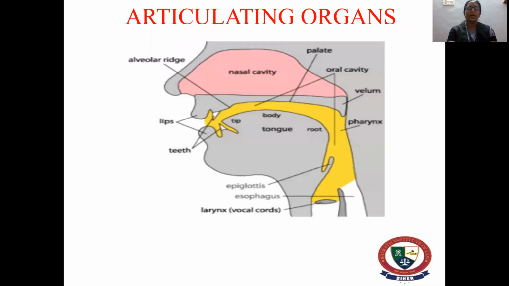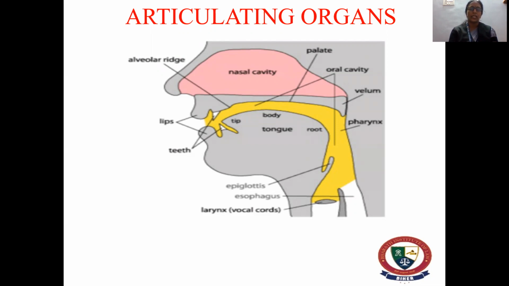So this is what I have mentioned when I was explaining phonetics and phonology, that too when I was talking about the various organs that are involved while producing the speech sounds. Generally, whenever I put this question in the classroom, students tend to come out with the answer.